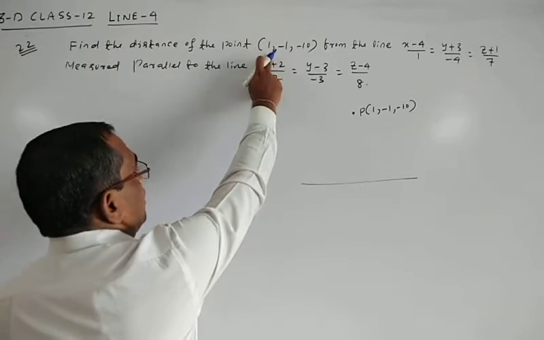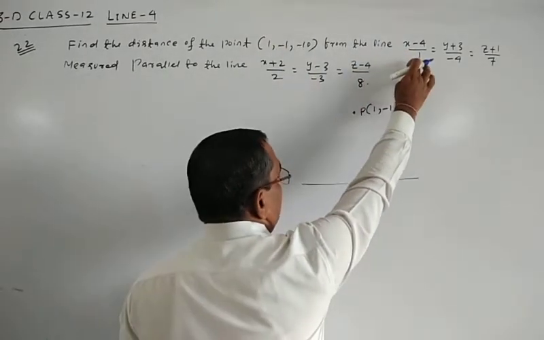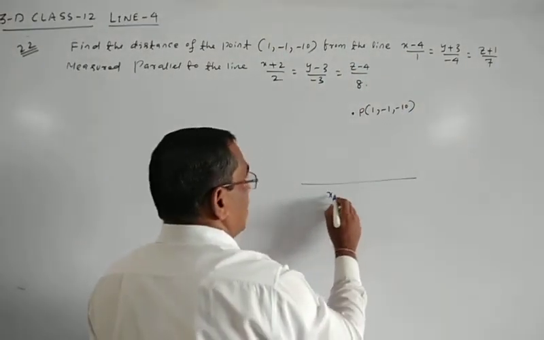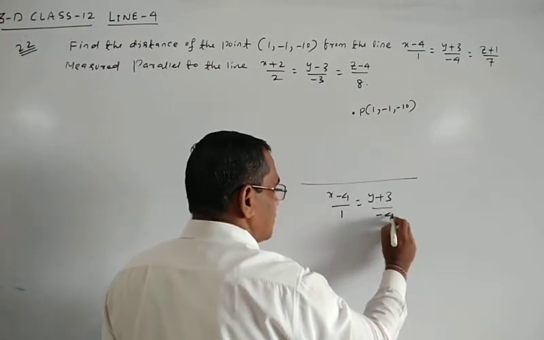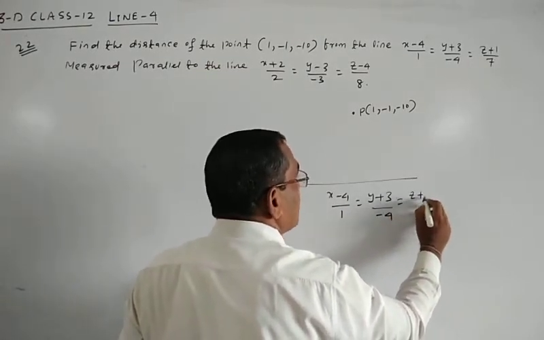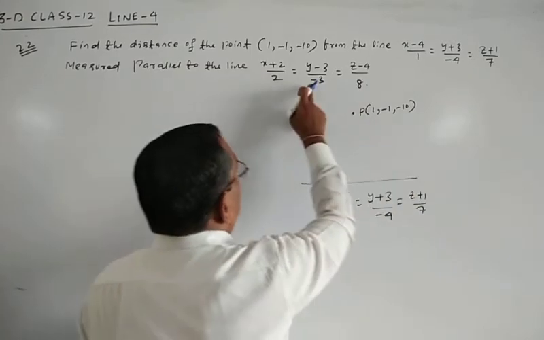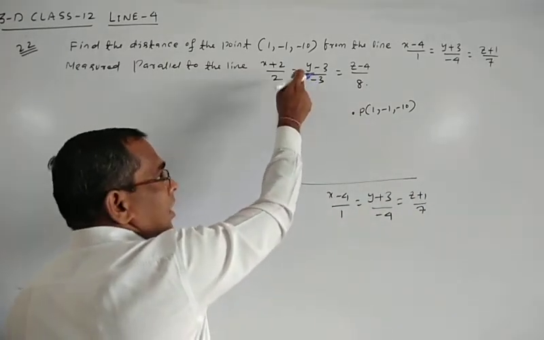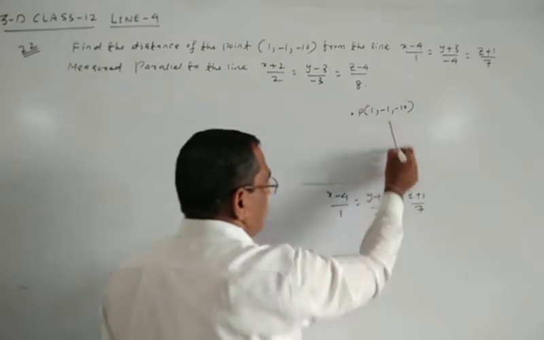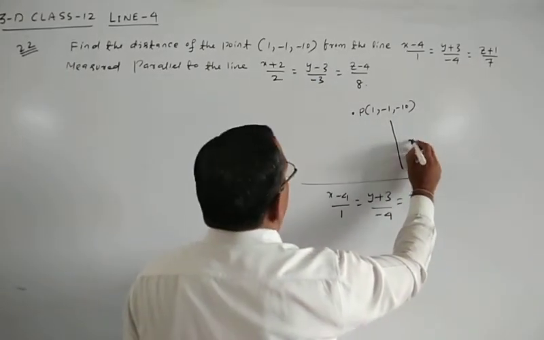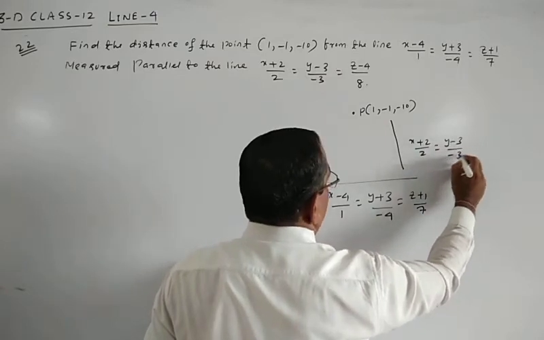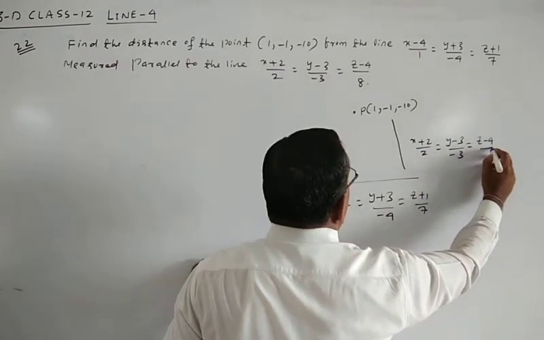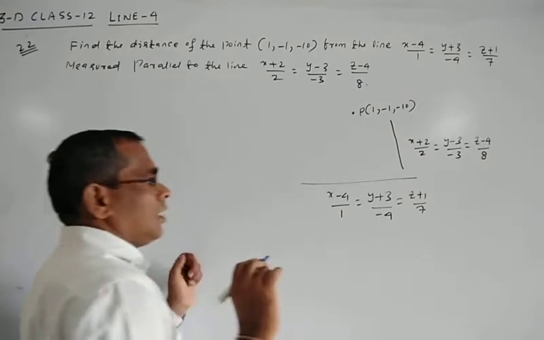Distance of the point from the line (x minus 4) by 1, (y plus 3) by minus 4 equal to (z plus 1) by 7, measured parallel to this line. You draw in this way. This is (x plus 2) by 2 is equal to (y minus 3) by minus 3 equal to (z minus 4) by 8. Okay. Now we draw.